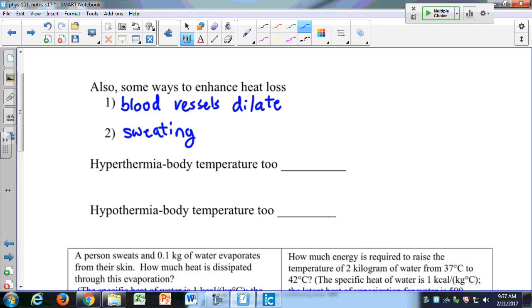There are two conditions, hyperthermia and hypothermia. Hyperthermia is when the temperature of your body is too high. You've gone out of that homeostasis and your body temperature is a little bit too high.